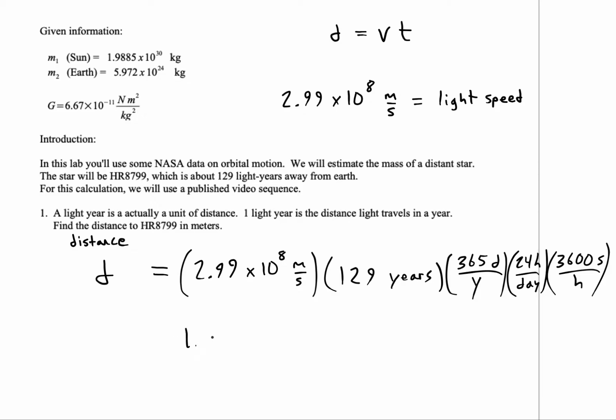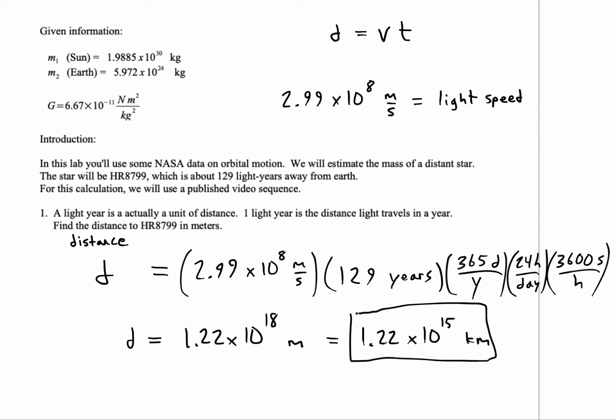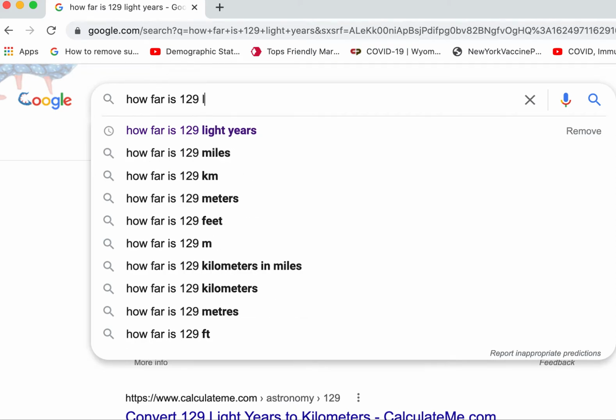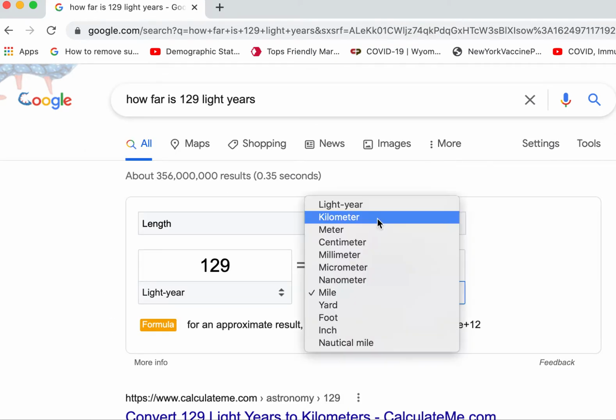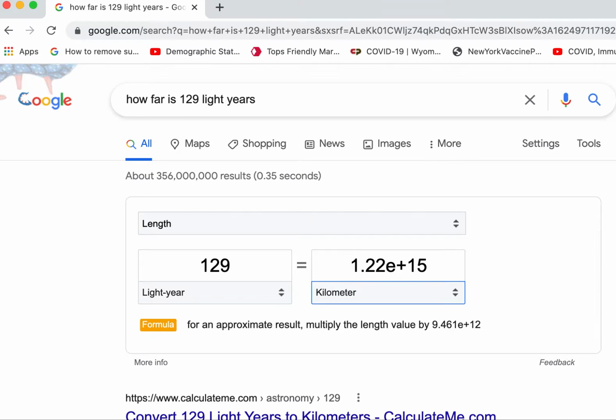So I'm getting 1.22 times 10 to the 18th meters, which would be 1.22 times 10 to the 15 kilometers. Okay, so quite far. How far is 129 light years? There we go, 1.22 times 10 to the 15 kilometers, pretty far.